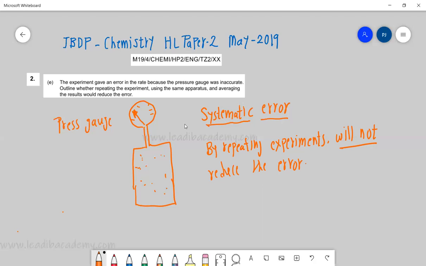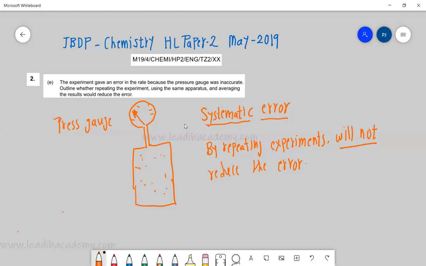Simple. If it would have been a random error, yes. But in this case, since it is a systematic error, there is basically a problem in the measuring instrument itself. If it had been a random error, because someone is measuring and they are not measuring accurately, then yes, that experiment can be performed maybe 10-15 times so that the error can be eliminated.